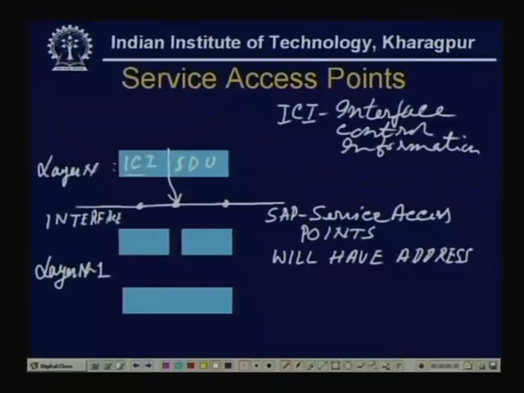Here also it is somewhat similar to that: the layer n will send this particular data, this is called the PDU or protocol data unit of this layer, and this is communicated to the lower layer. And this lower layer will separate it out, ICI is separated out from the SDU, service data unit.